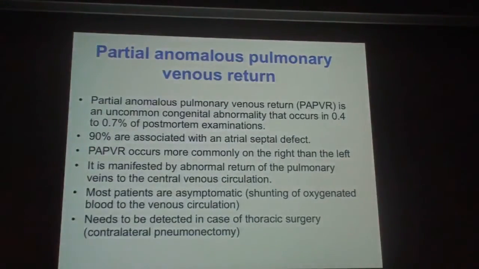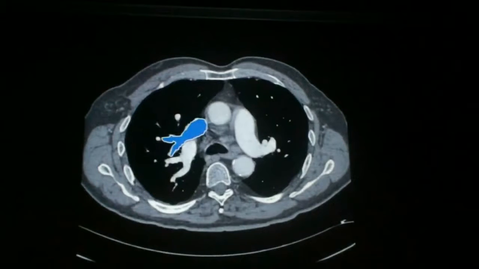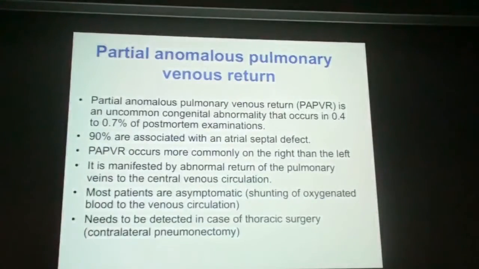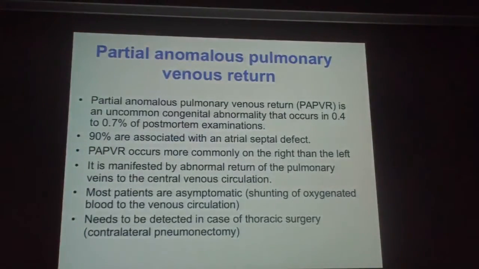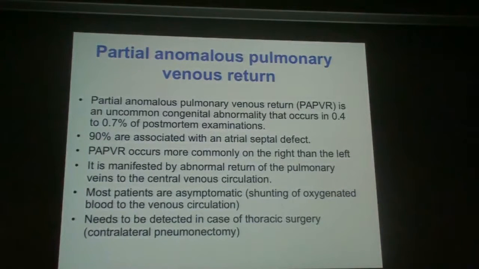It's so obvious that sometimes it is missed, especially because the patients are asymptomatic. But it needs to be detected in case of thoracic surgery. Imagine the patient needs to have left lung pneumonectomy. It is very important to mention she has this anomalous venous return.